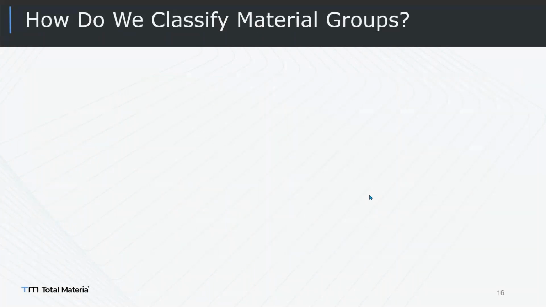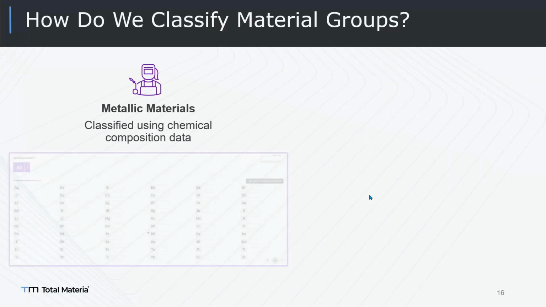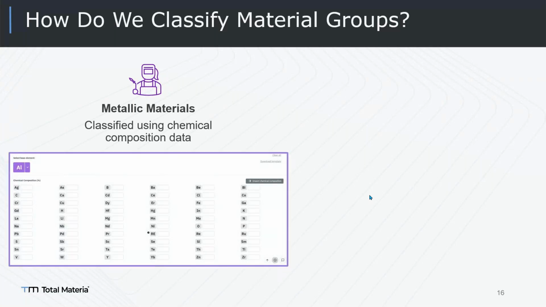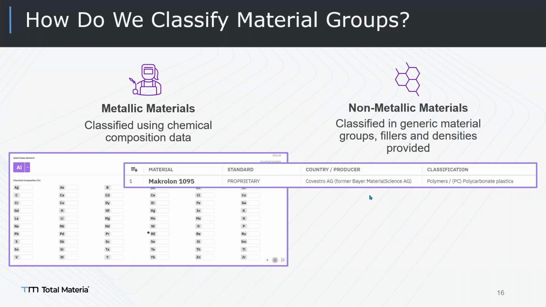And how do we classify these material groups? So we cover both metallic and non-metallic materials. For metals, it's quite easy. We're classifying the materials using chemical composition data. For non-metallic materials, it has to be a little bit more generic. When we say generic, we put the material in a classification of a family.